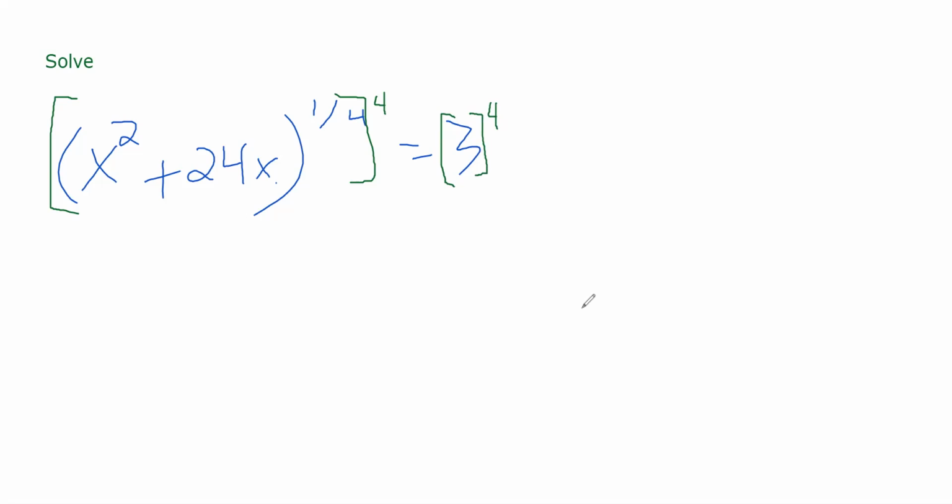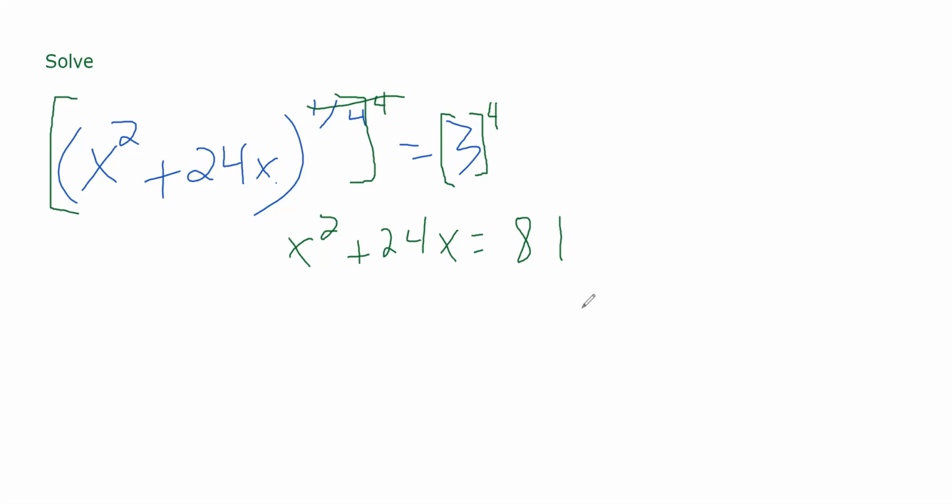On the left-hand side, those go away. That was the whole point. We're going to be left with x squared plus 24x equals, we already argued, 3 to the 4th is 81. So x squared plus 24x equals 81.